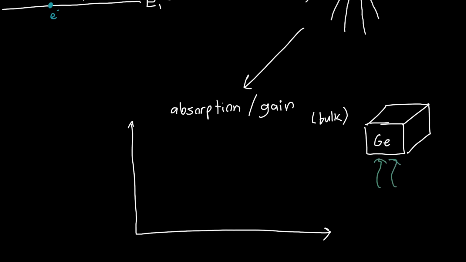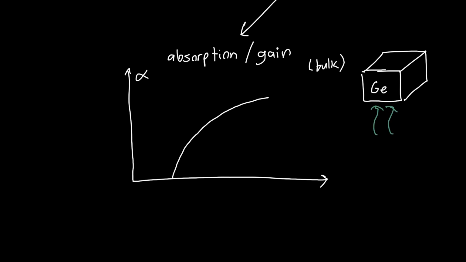How much of it is going to get absorbed within the material? And we'll actually be able to derive and plot what this absorption and gain spectra will look like. And we'll figure out how exactly that depends on things like the carrier concentration inside the material.